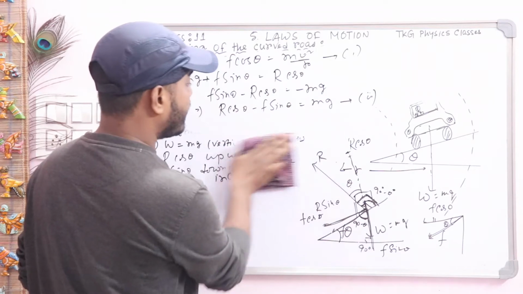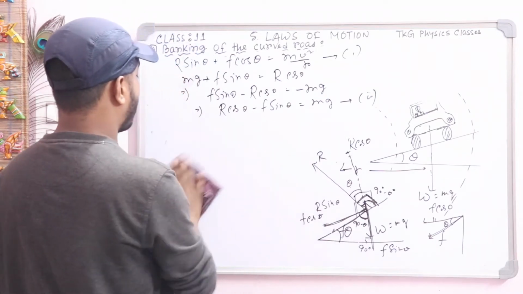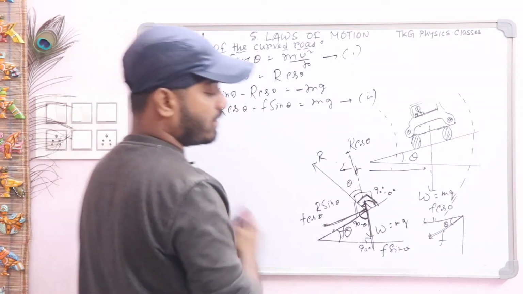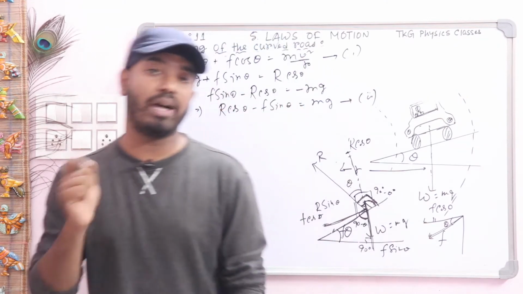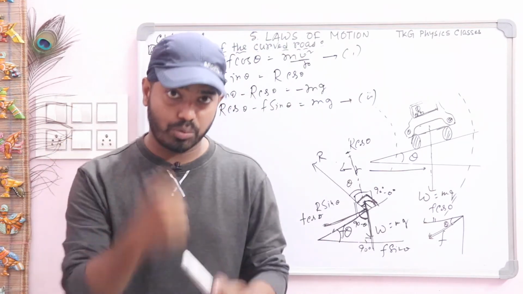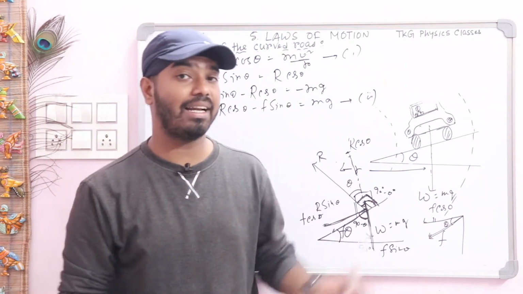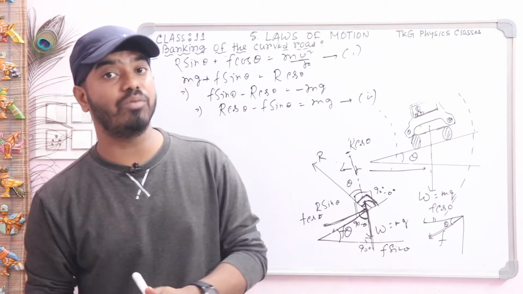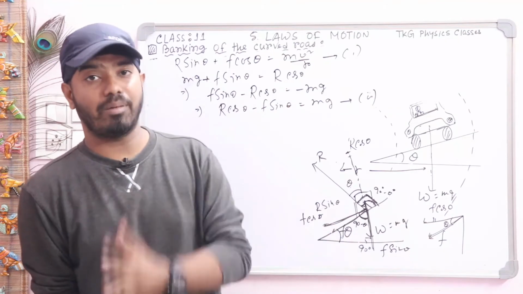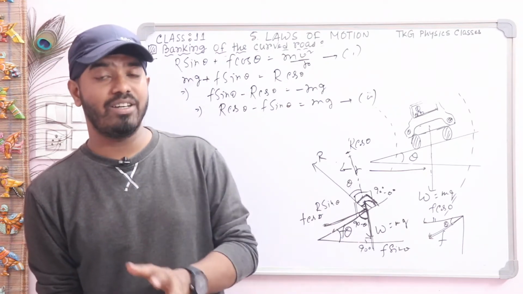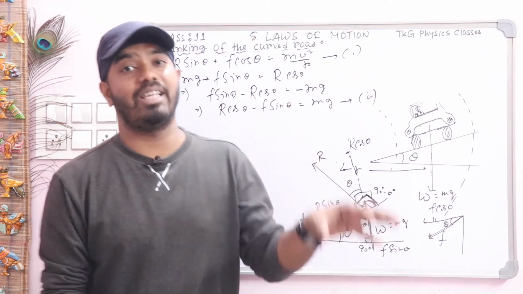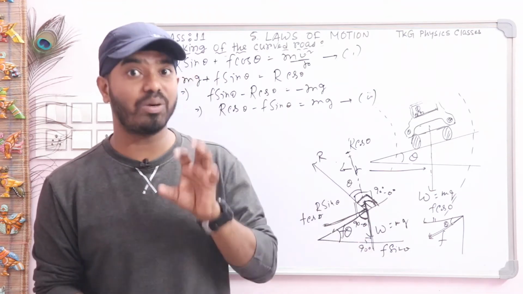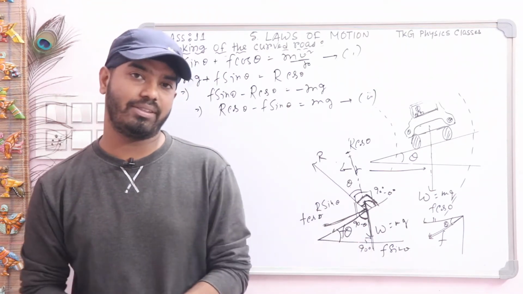In the general case, when there is a level road, only frictional force provides the centripetal force. But when there is an angle of banking, there is an additional force: one component of the normal reaction force helps the car to provide the centripetal force. That's why banking is required.